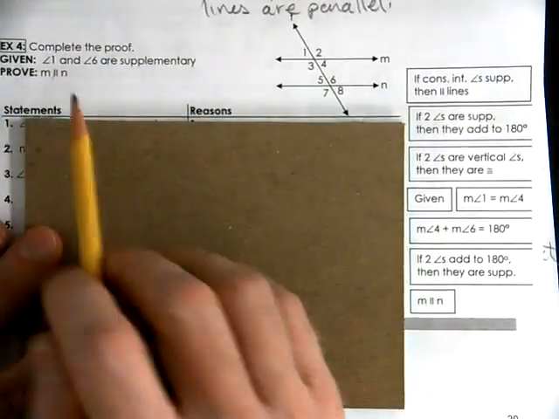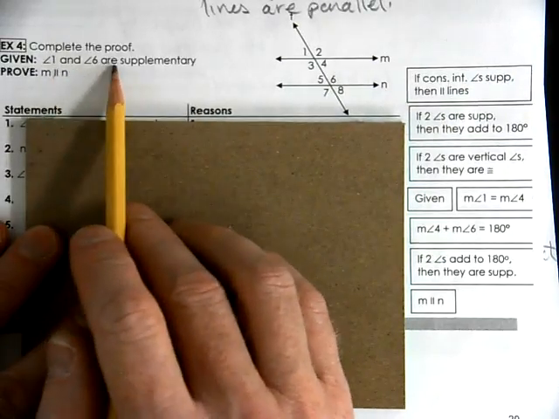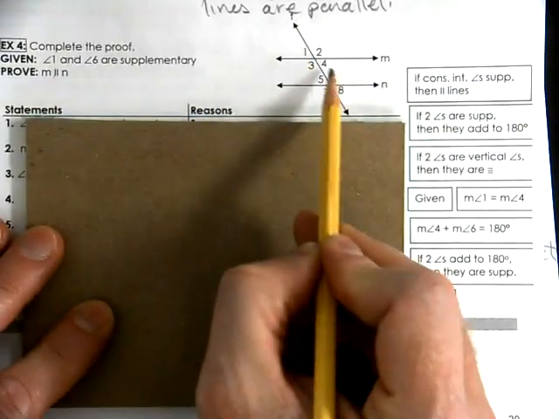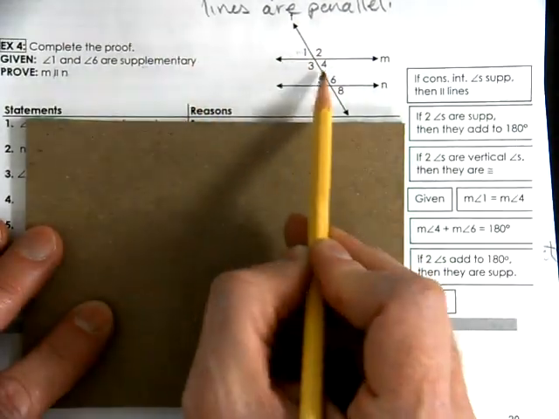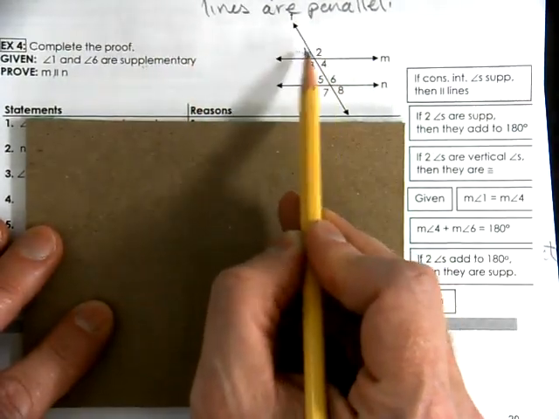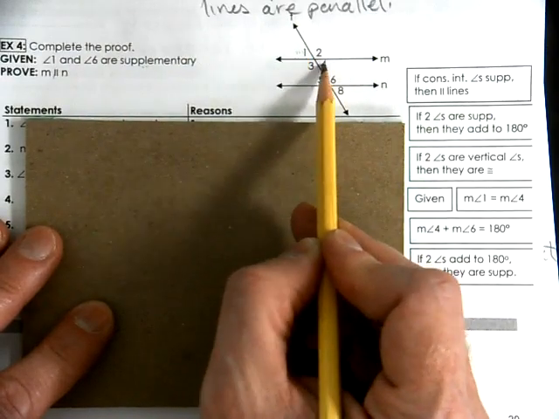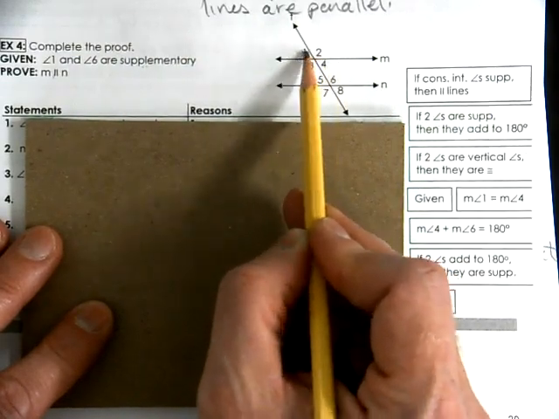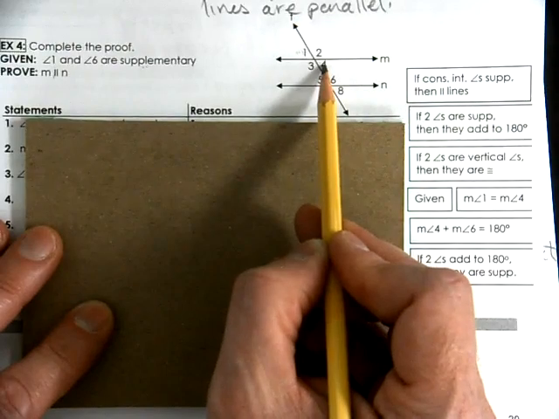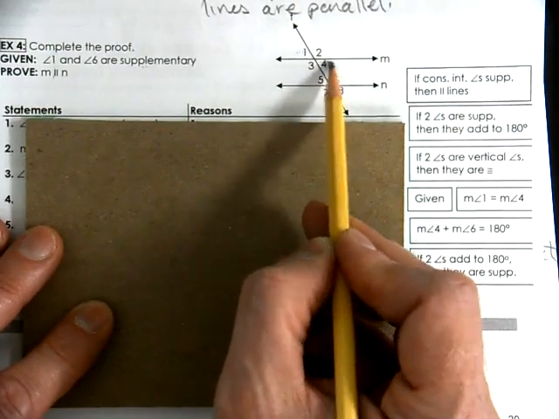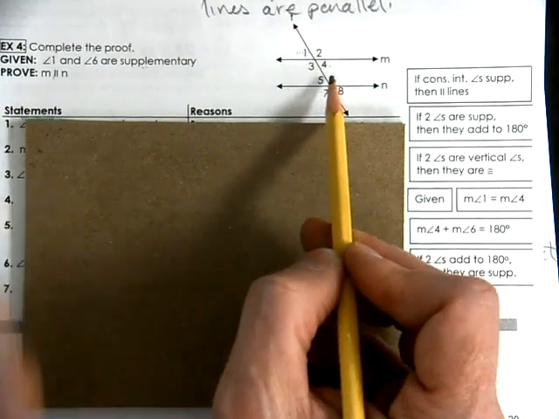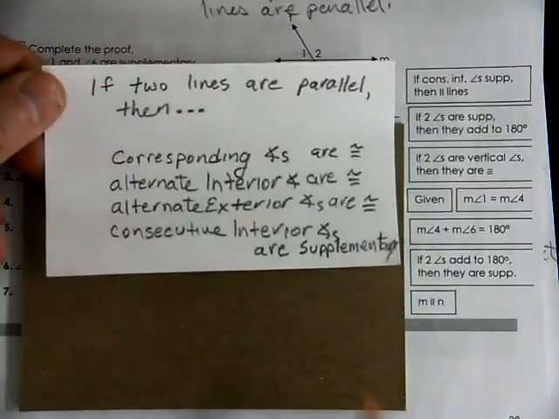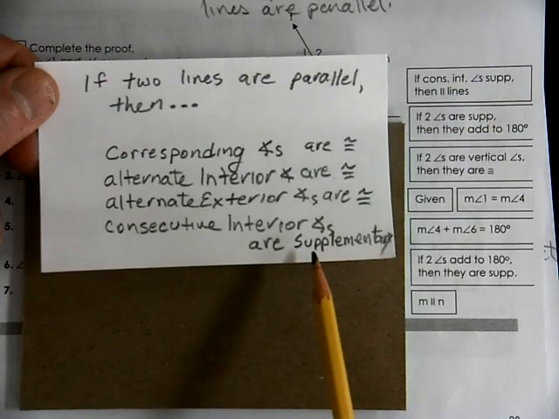So what we notice up here is angle 1 and angle 6 are supposed to add up to 180. They are supplementary. They're adding up to 180. I know that 1 and 4 are also congruent. So that means 4 and 6 are going to add up to 180. And if 4 and 6 add up to 180, that's one of my reasons right here.